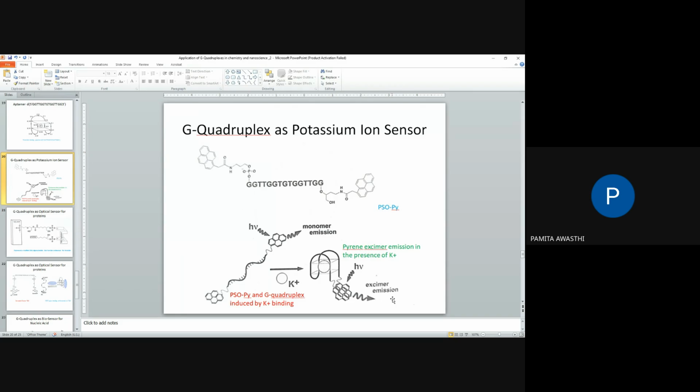This is one of the applications. For monomer emission, we get a 390 nanometer range in the absence of potassium, but when it binds to potassium, a 480 nanometer band is observed.